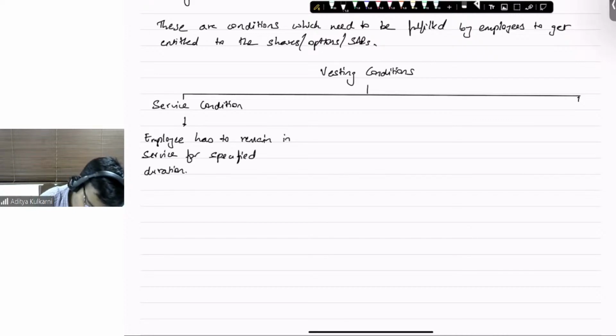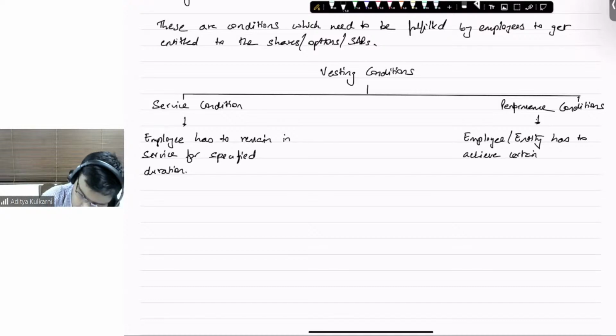The next one is performance conditions: the employee or entity has to achieve certain targets. Okay.